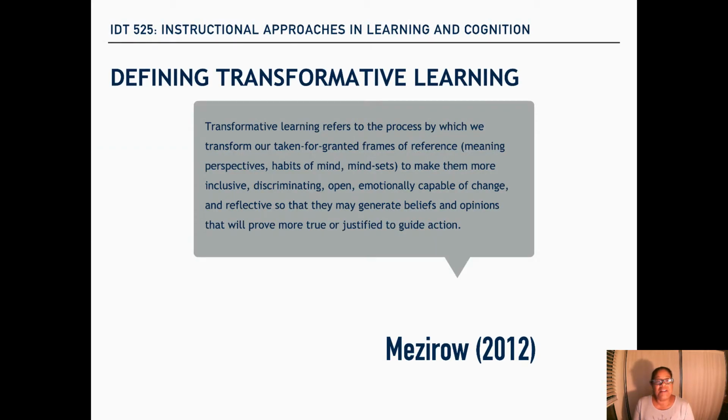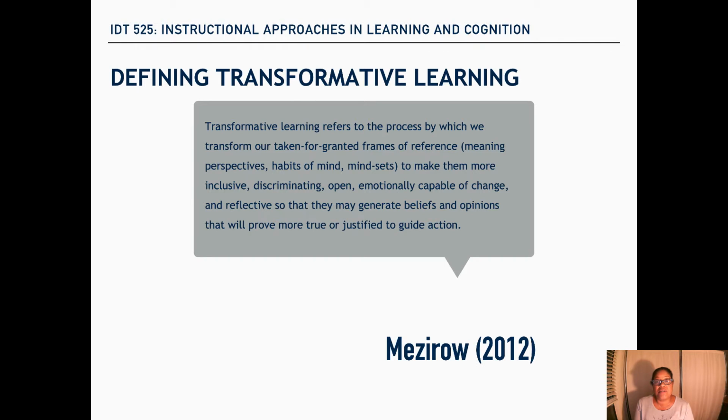So I want to make sure that you all feel really comfortable with how transformative learning is being defined, directly from the source. So in Merriam and Bierema, chapter 5, if you've read it already, then you know that they include a long quote, as I've done here, of how Mezirow defines transformative learning. But they also spend time in the chapter talking about this evolution of the theory, right?